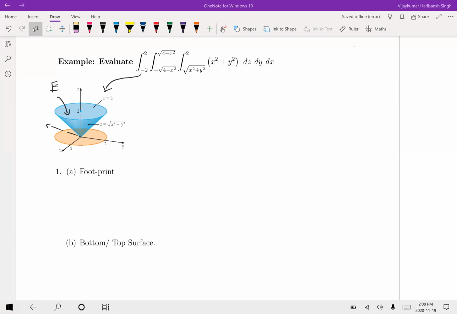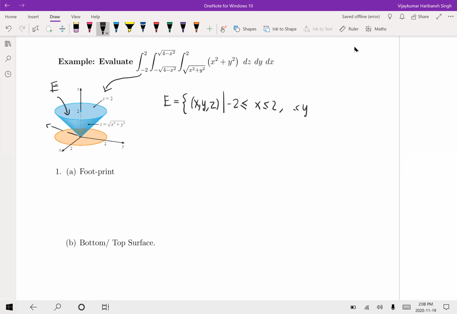So first of all, if I have to write my E in terms of x, y, z, then it becomes minus 2 less than or equal to x less than or equal to 2.